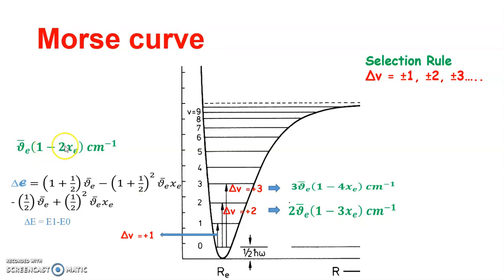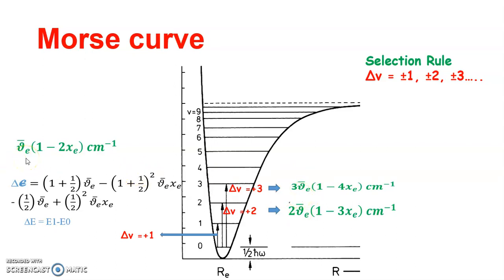Also, since χ_e is a very small positive value, the first spectral line will lie very close to the fundamental frequency ν̄_e, the next will be close to 2ν̄_e, and the next will be close to 3ν̄_e.